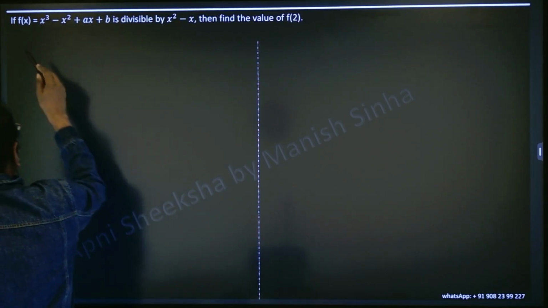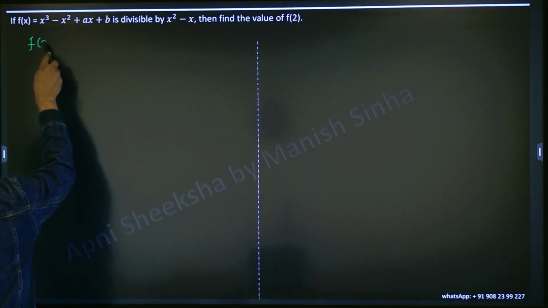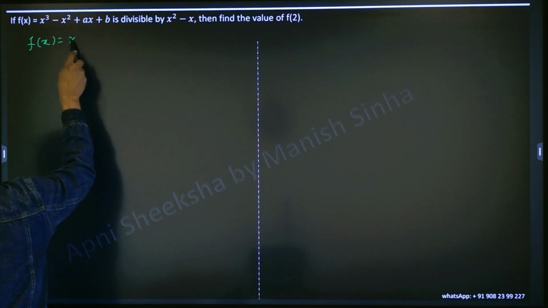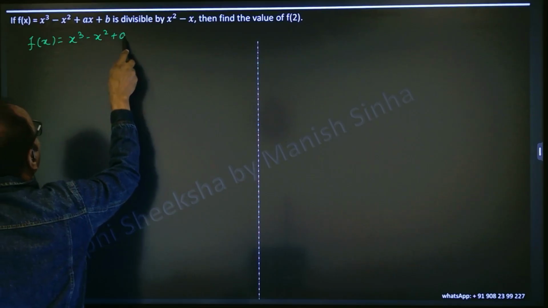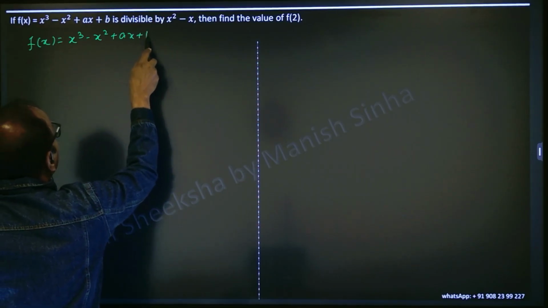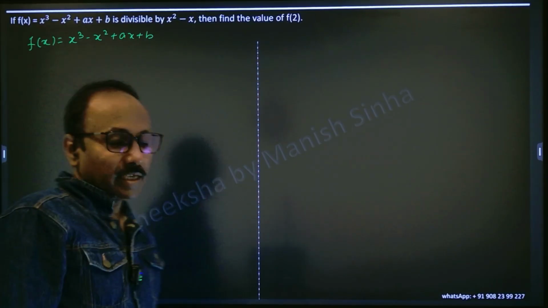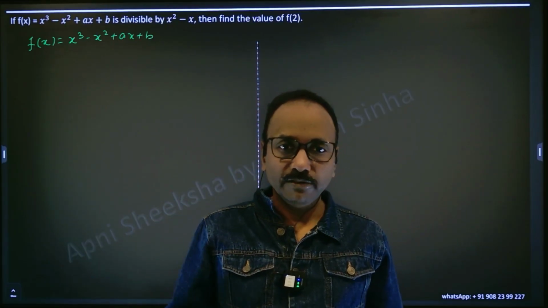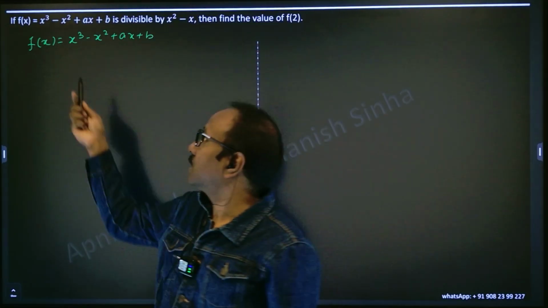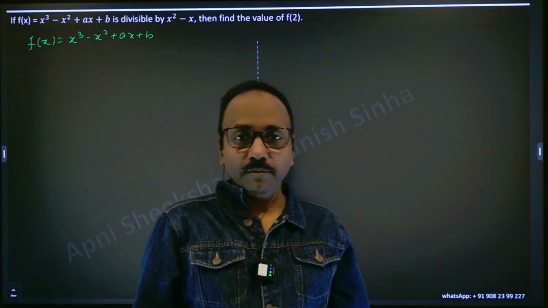This function f(x), as per the question, is divisible by x square minus x. So what does this mean? When we divide this function with x square minus x, the remainder will be 0.